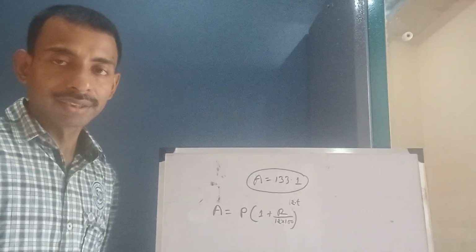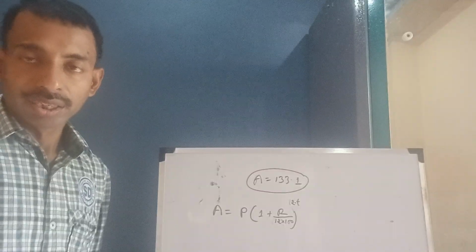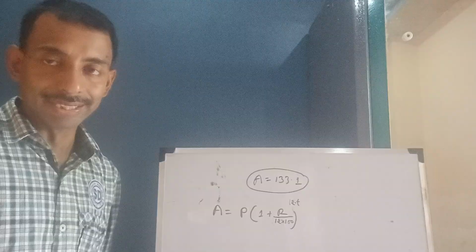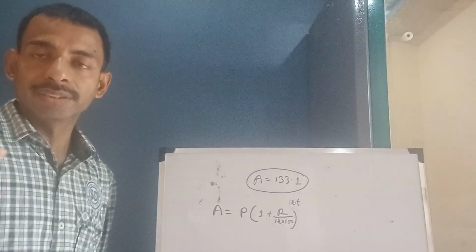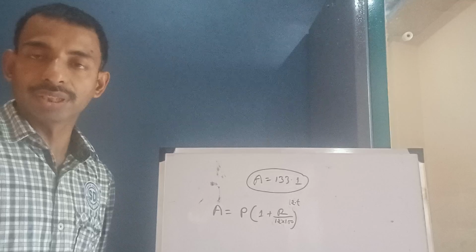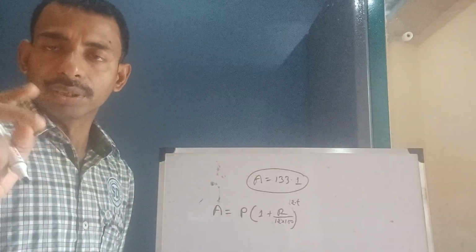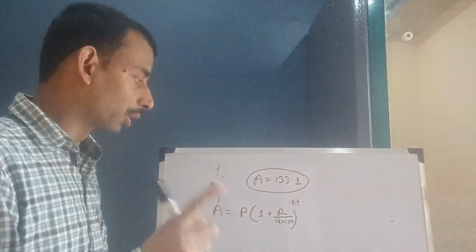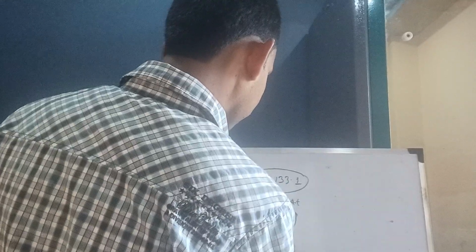So in a year, 12 into 2, that is 24, because in a year there are 12 months and in every month there are 2 fortnights. Then 24 into t.